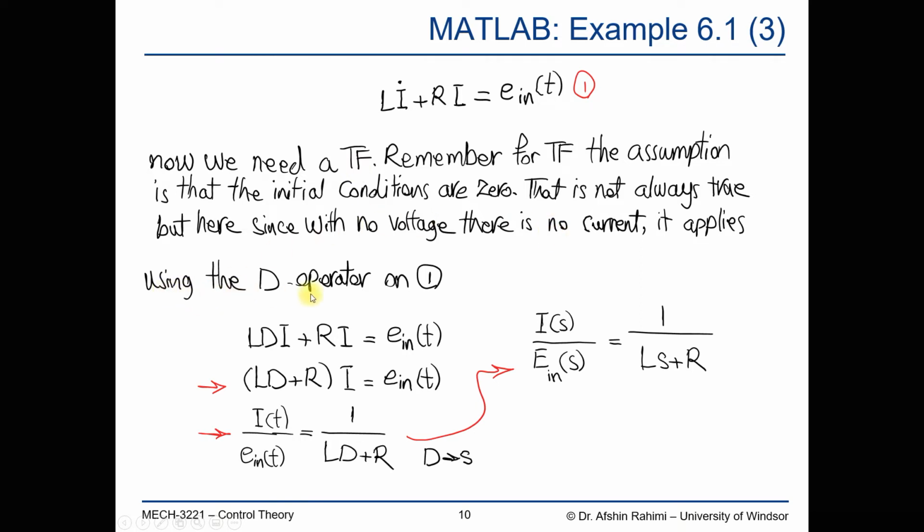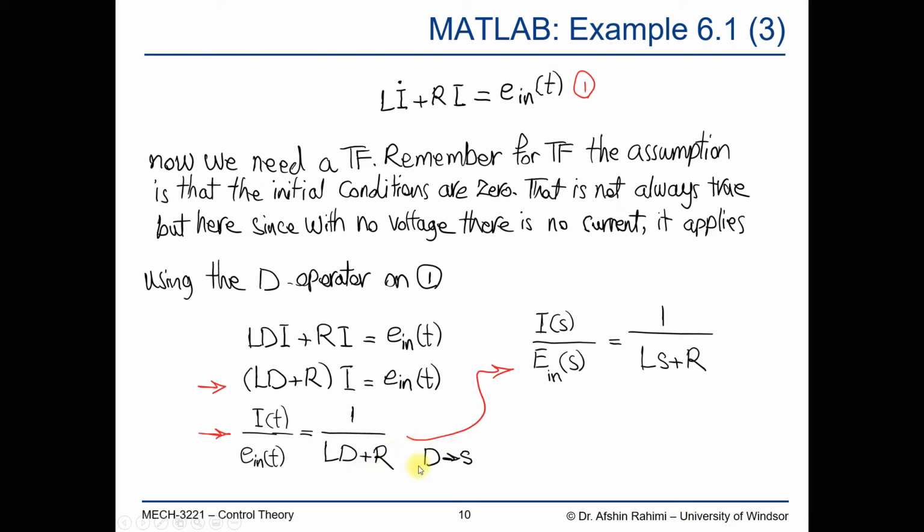Now we use the D operator on the equation we obtained in the previous step, equation 1, and we get L D i plus R i equals e_in. We can collect the i terms, so (L D plus R) i equals e_in(t), and forming output over input, we get i(t) over e_in(t) equals 1 over (L D plus R).